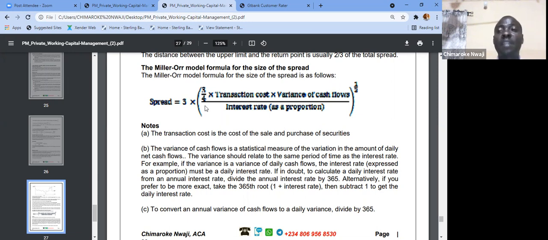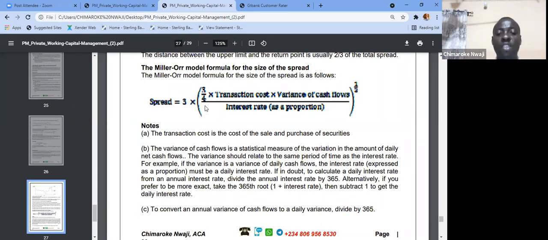Most likely they might give you standard deviation, and it's your duty to convert it to variance by squaring it. After getting your variance, you multiply it with the transaction cost, which you have already multiplied by 3/4. You have your numerator intact.